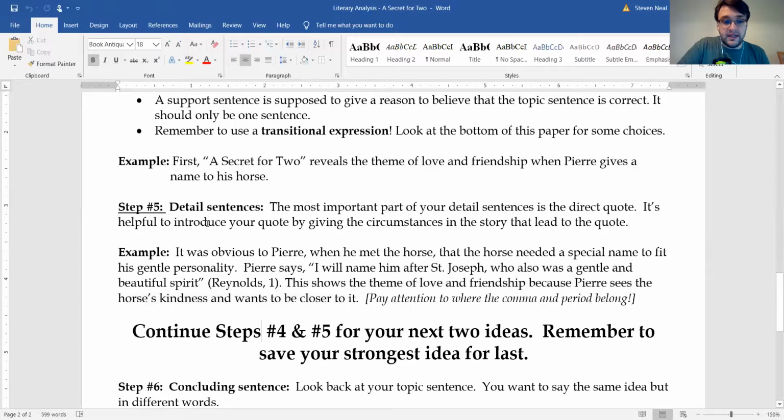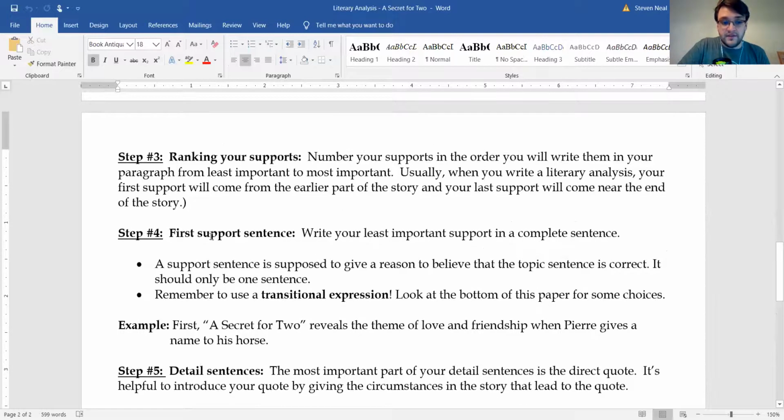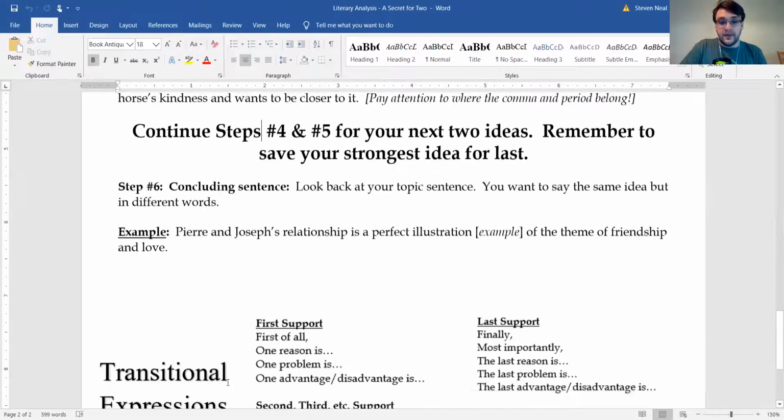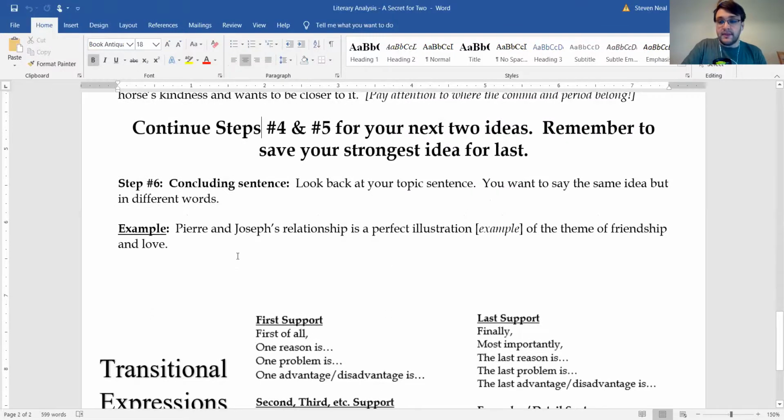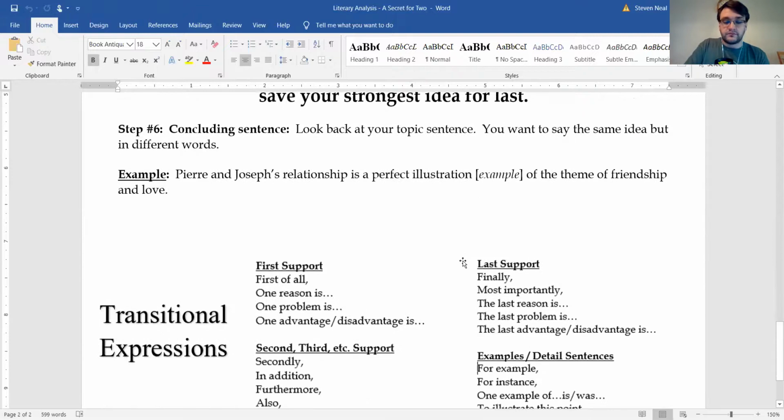And then I just repeat these steps again for the second support sentence and details, third support sentence and details. And then the conclusion. We restate the same idea in different words. So I might say Pierre and Joseph's relationship is a perfect illustration, or a perfect example, of the theme of friendship and love.